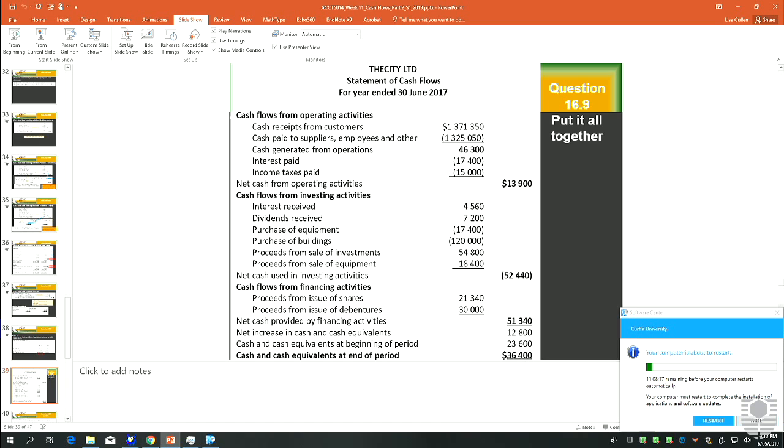There's an increase in prepaid expenses. We're going to minus that out. We've got an increase in your accounts payable. We're going to add that in. We've got an increase there in accrued expenses, and we're going to add that in. Add them all up, adds up to your 46,300. We're going to minus out our interest paid and our income tax paid to reconcile to the 13,900. All right, so really just taking it straight from there.